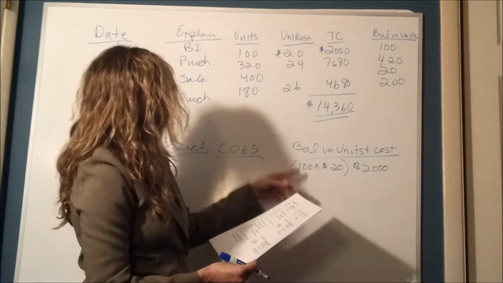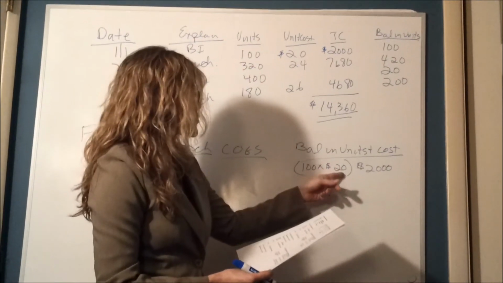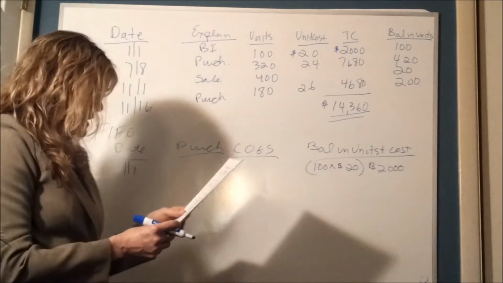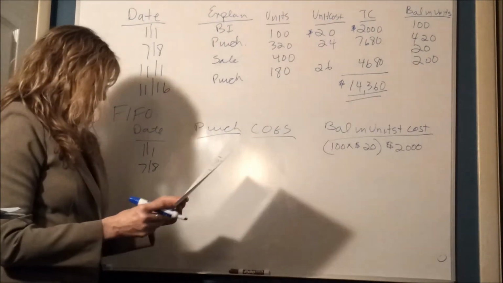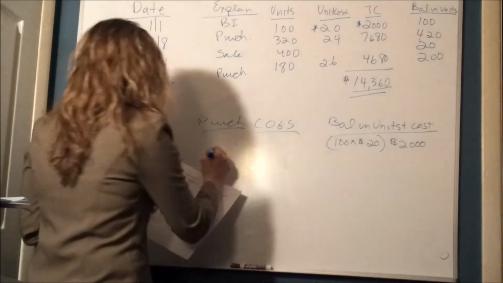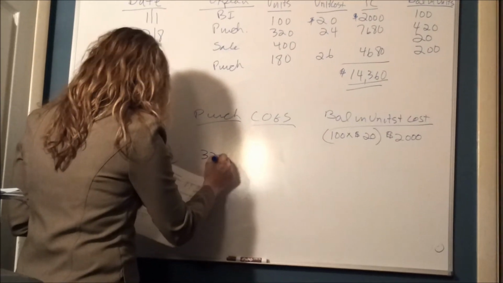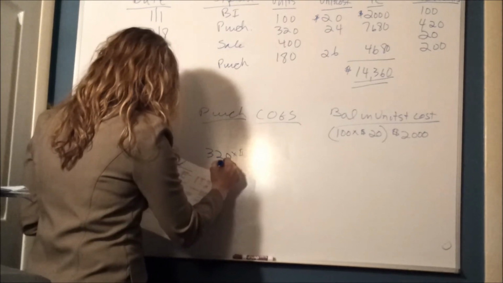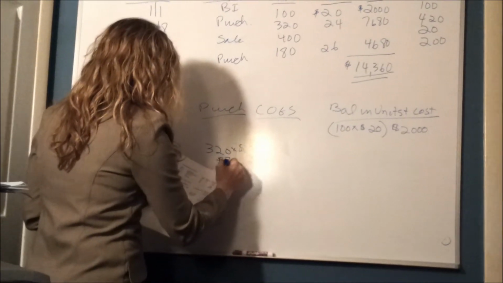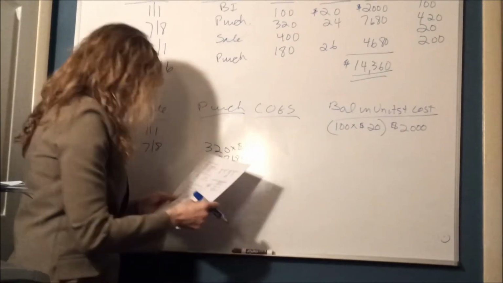And our beginning inventory, we have 100 units at 20 per unit, so our beginning inventory is 2,000. Let's look at what happens when we make our July 8th purchases. We purchased 320 items at $24 an item for a total of $7,680.